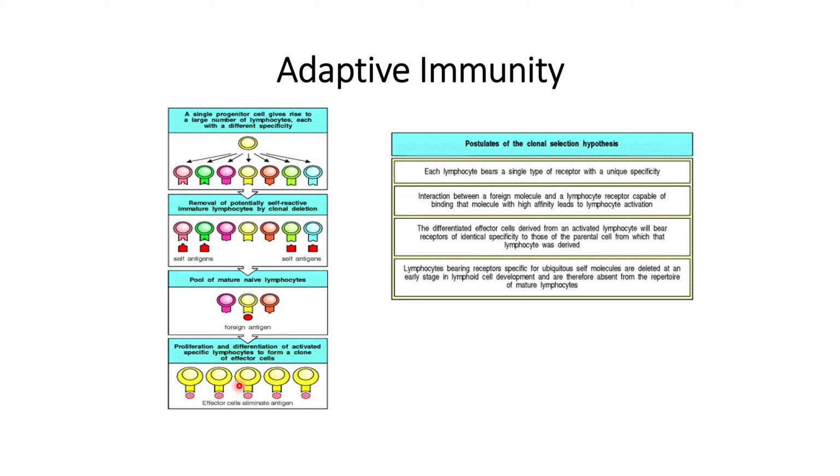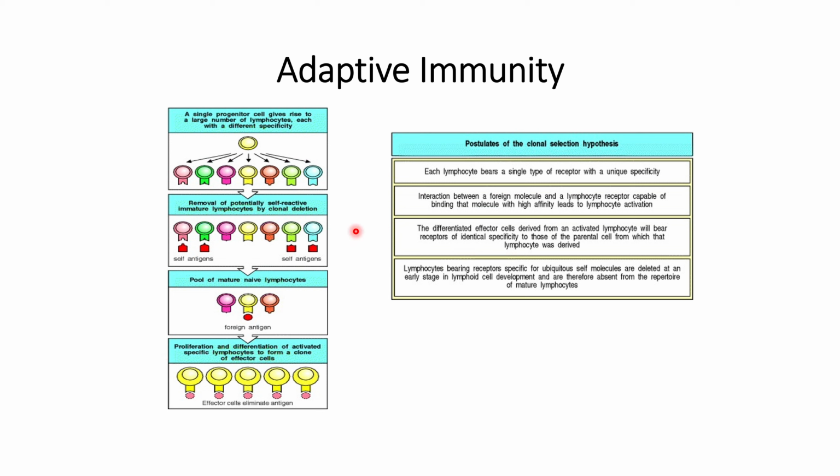This now becomes the effector cell that can eliminate the antigen. This is the reason why people develop antibodies against the diseases they are exposed to.